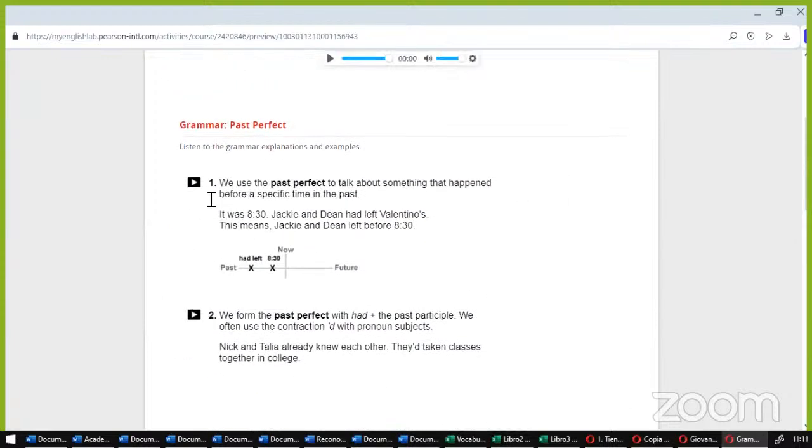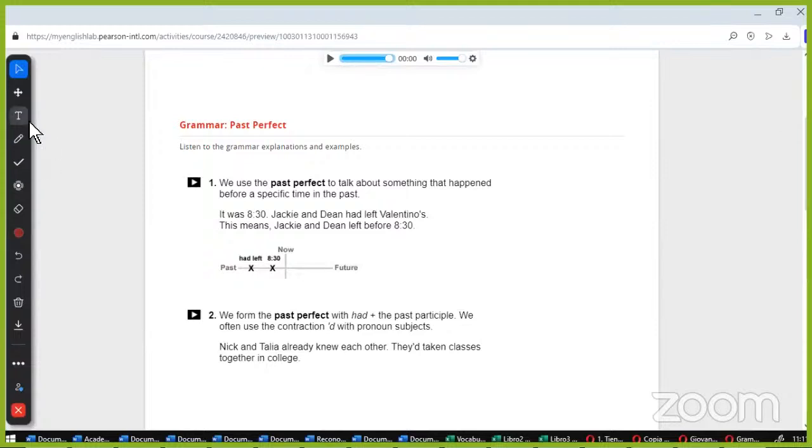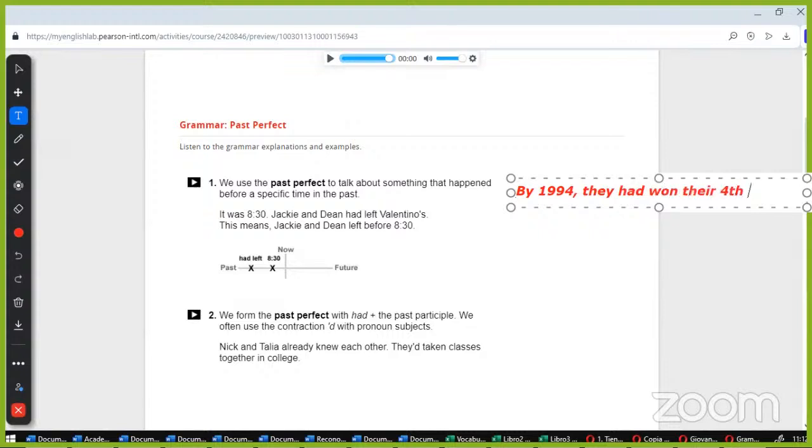So we use the past perfect to talk about something that happened before a specific time in the past. Here, like by 1994, they had won their fourth World Cup.